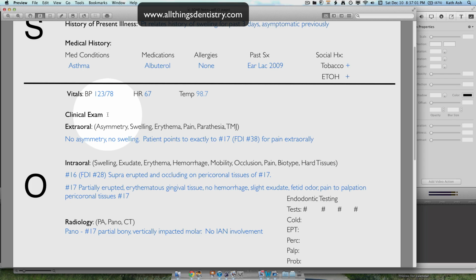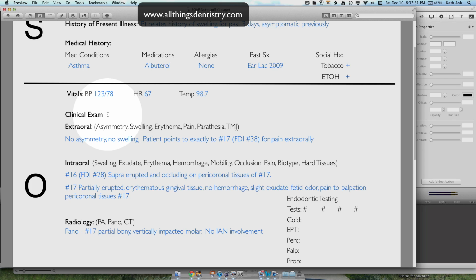They'll probably point to a number of things, and that will help in determining whether it's an odontogenic issue, a myofascial issue, or a temporomandibular joint issue. If they can pinpoint exactly where the pain is emanating from, that can really guide you. Even taking a photo of it and recording that for future purposes is very helpful.